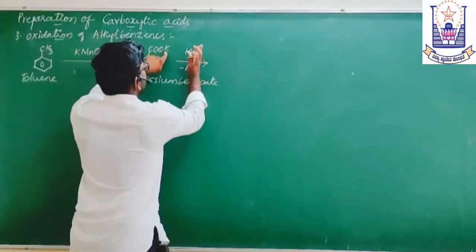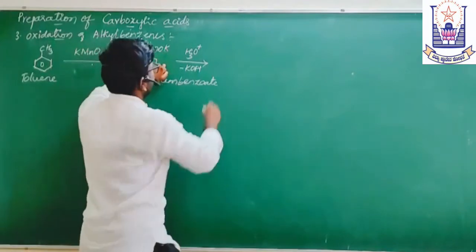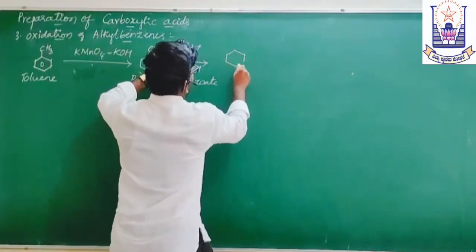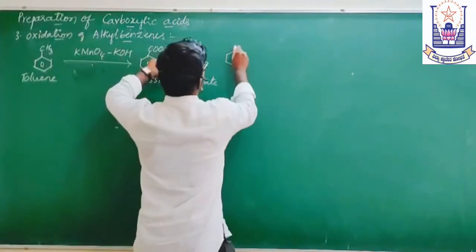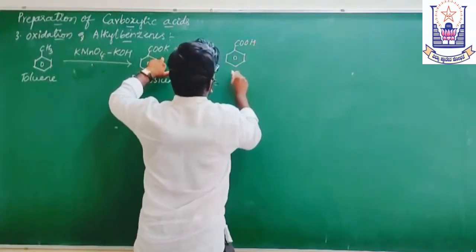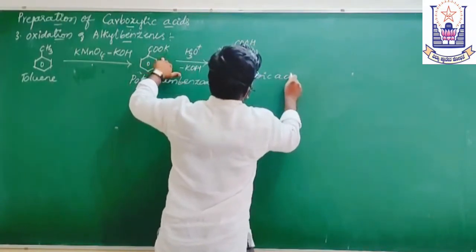Hence, KOH here is used as a catalyst. Then when this potassium benzoate salt is hydrolyzed with water, you will get benzoic acid as the product.